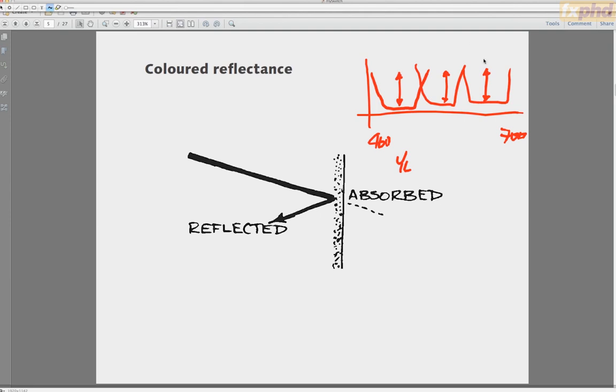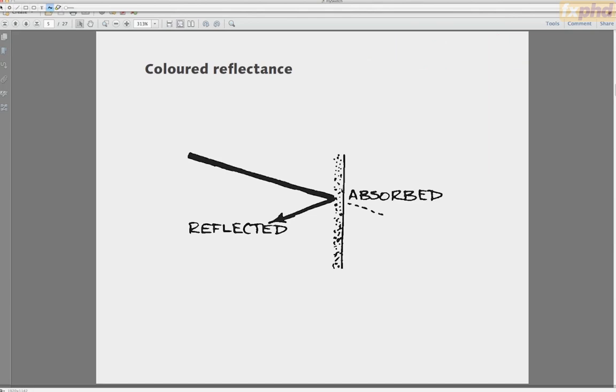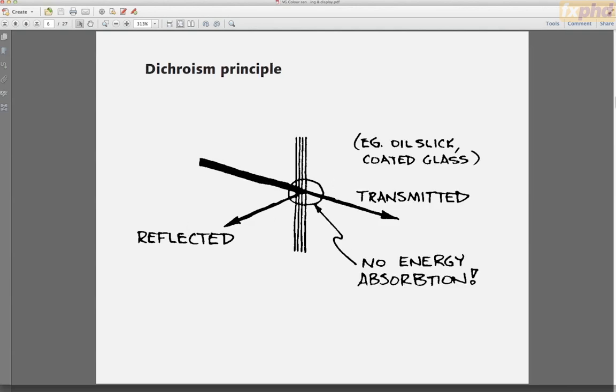So I like to think of this as in an additive display producing red, green, or blue, or absorbing cyan, magenta, or yellow. And those are the complementary colors. But instead of absorbing, there's another scheme where you can have a filter that uses interference phenomenon.